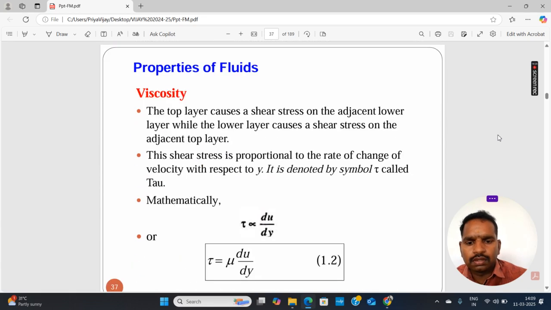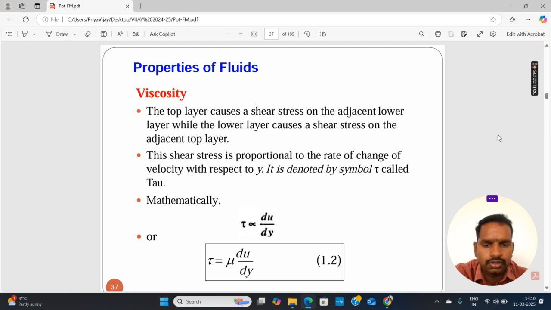Based on this equation, we derive Newton's law of viscosity. Shear stress is directly proportional to the rate of change of velocity, where du by dy is the velocity gradient and tau is the shearing stress. Mathematically, tau, the shear stress, is directly proportional to du by dy.